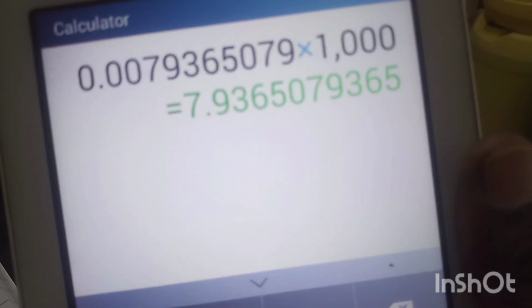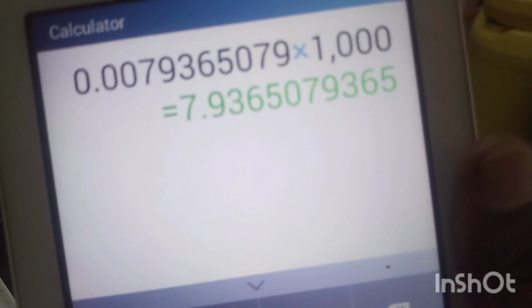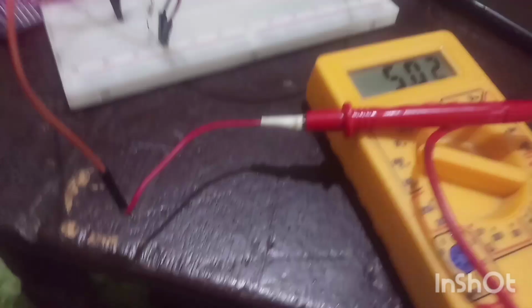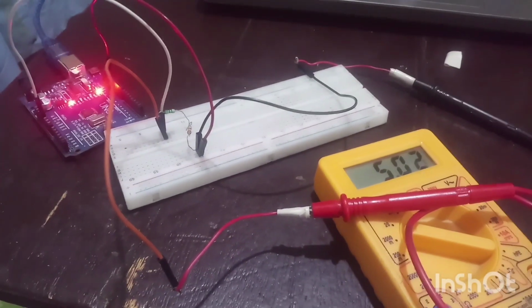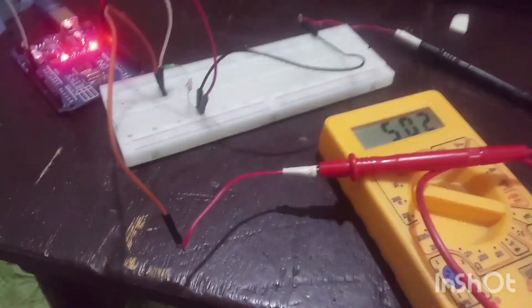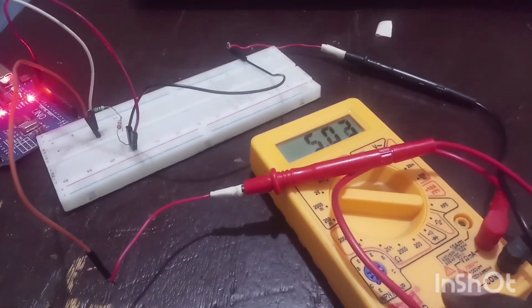Current should be like this. Mathematically, I'm just trying to show you. It comes to 7.9. That means 8 milliamps are flowing through that stuff over there. We are not going to measure that right now. In future videos, I'll show you how to measure current through this.